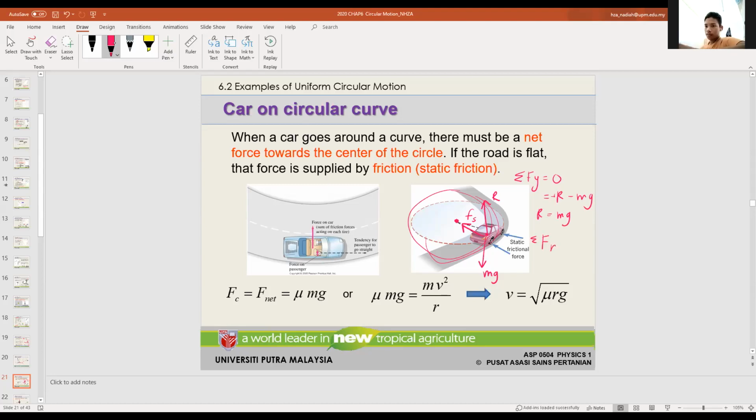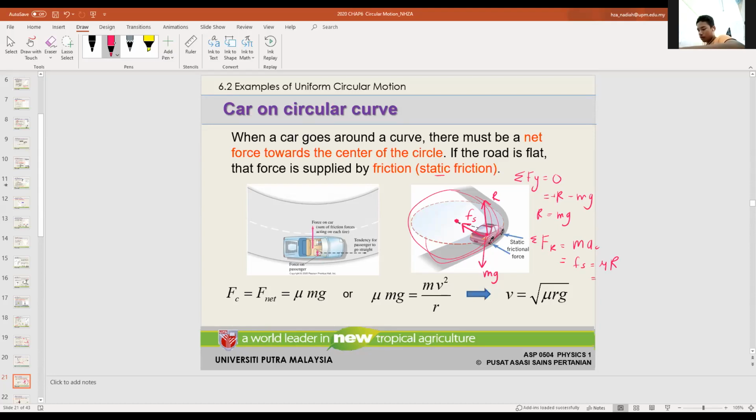And then your Fr, which is the net force in your radial direction, is mac because you are moving in a circular motion. What is acting in the radial direction? It is static friction, Fs. You know Fs is mu R, right? Mu s R, okay? Mu s because it is static friction.